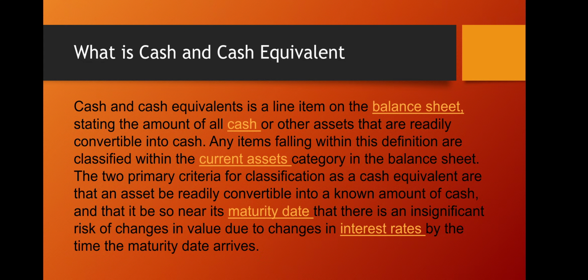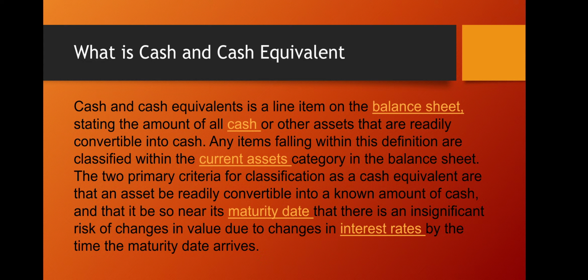Cash and cash equivalent is a line item on the balance sheet stating the amount of all cash or other assets that are already convertible into cash. Any items falling within this definition are classified in the current assets category in the balance sheet.